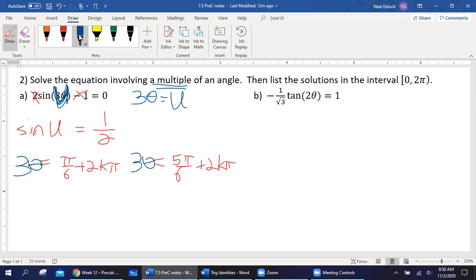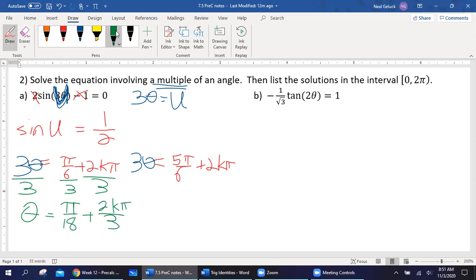So what I have to do here to solve for theta is divide by 3. And that means I'm dividing both of these by 3. This is why I wrote these out separately. So I have that theta equals pi over 18 plus 2k pi over 3.